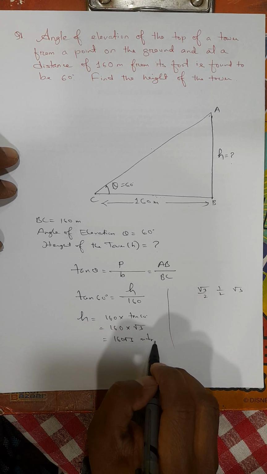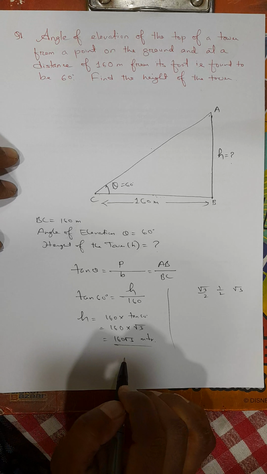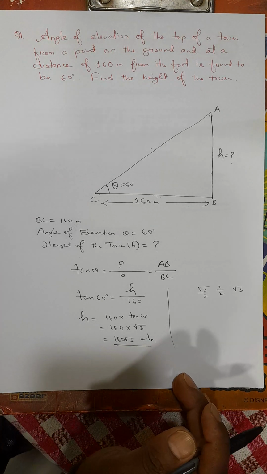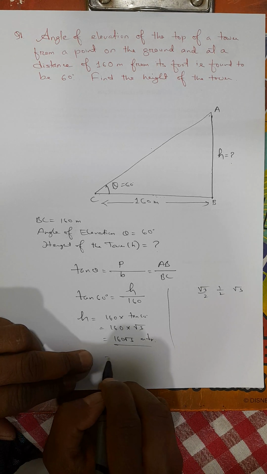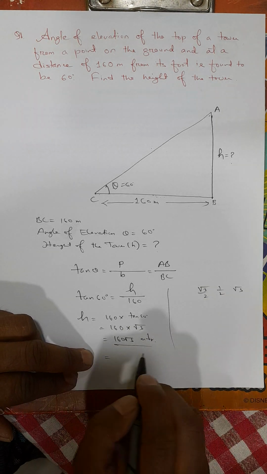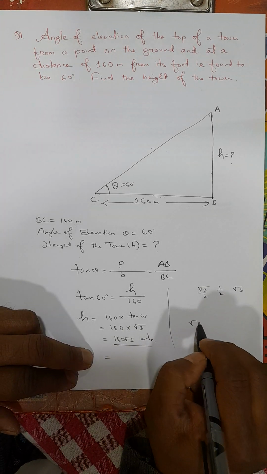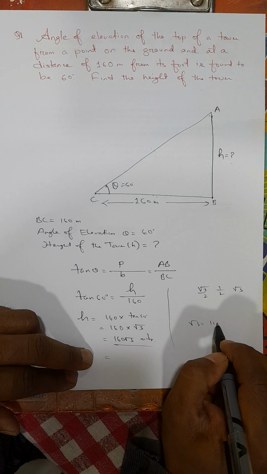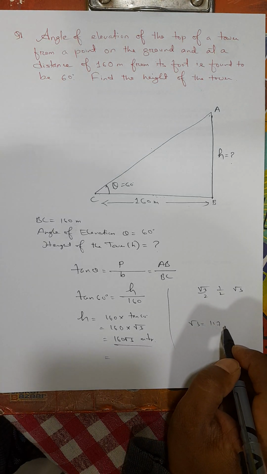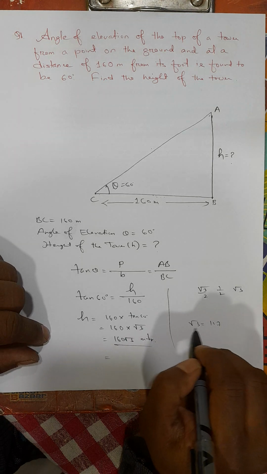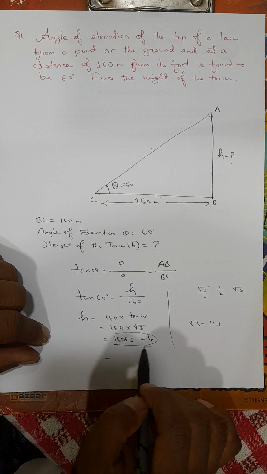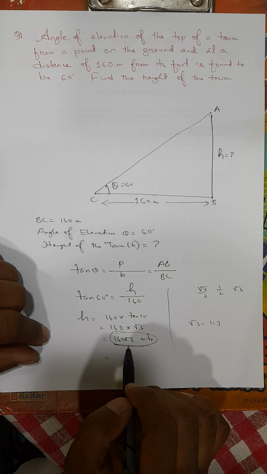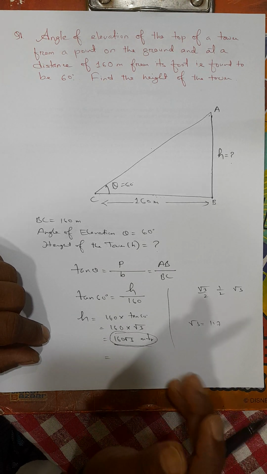This is the height of the tower, right? You can also find two decimal places. Square root of 3 is approximately 1.7. So you can use that value to find out the exact height. But in exam, it is sufficient to mention 160 multiplied by square root of 3 meter.